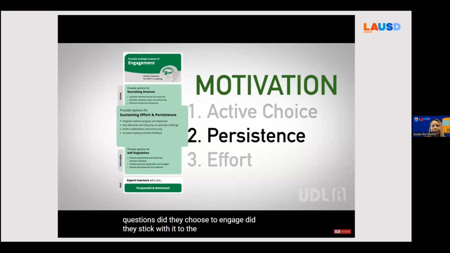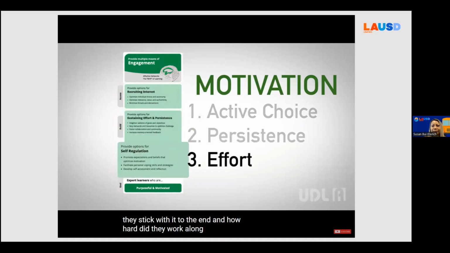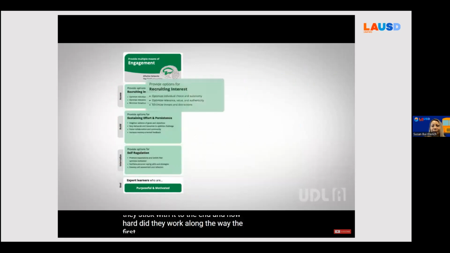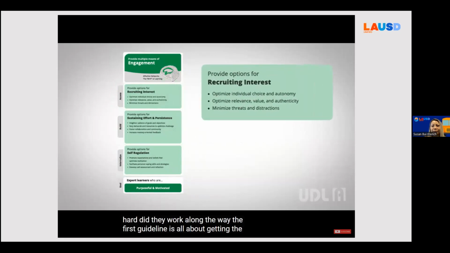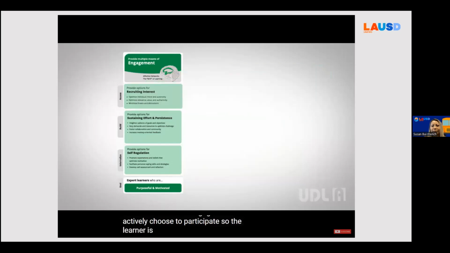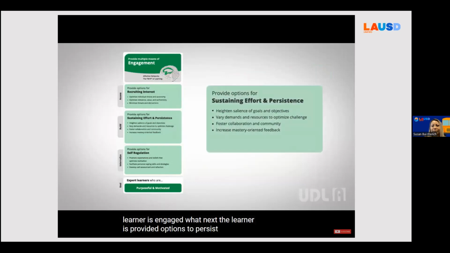Did they stick with it to the end? And how hard did they work along the way? The first guideline is all about getting the learner to choose to engage, or to actively choose to participate. So, the learner is engaged. What next? The learner is provided options to persist and give effort towards completing a learning goal or objective.